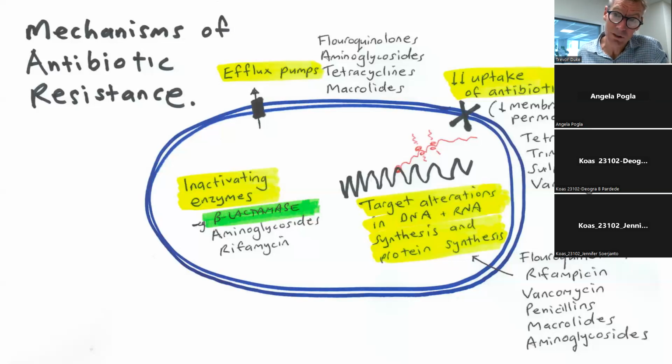These are perhaps the most important, and I'll speak a bit more about these ones. The inactivation enzymes within bacteria have led to a widespread resistance to penicillins and also to aminoglycosides and other antibiotics like rifampicin.